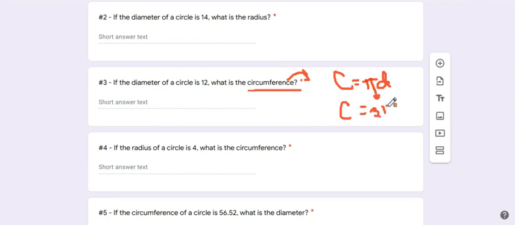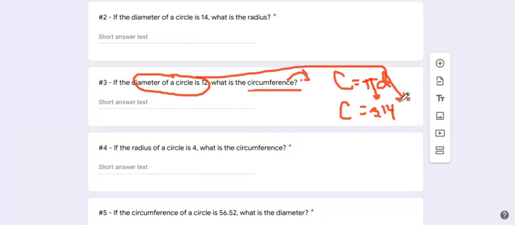I use 3.14 for pi unless the problem specifically tells me to use the fraction form. So 3.14 for pi, and I know d, the diameter, is equal to 12, so I'm going to plug that in for d right here. Okay, so to find circumference, I take pi, 3.14, times 12. I put that in my calculator and then put that in for the answer.